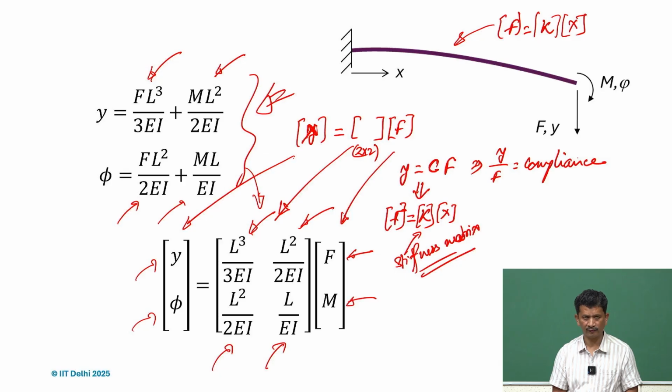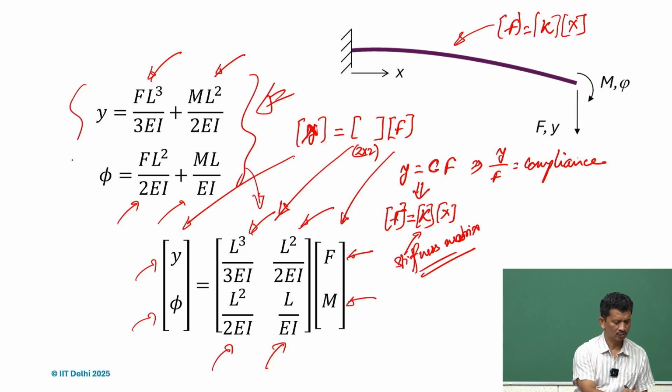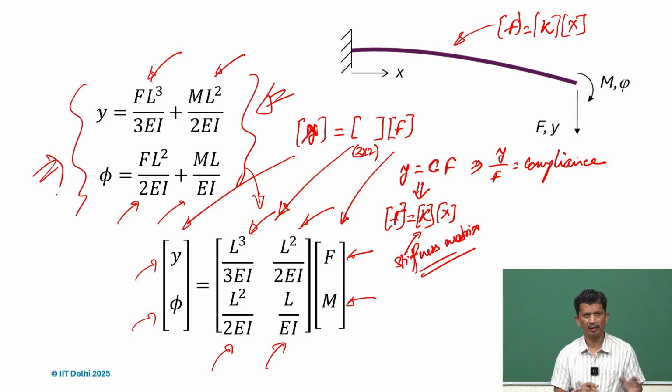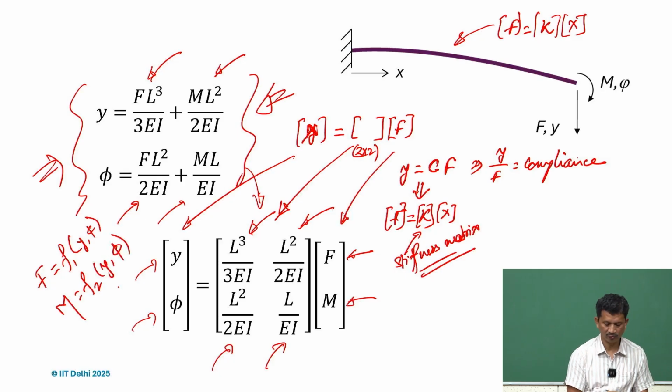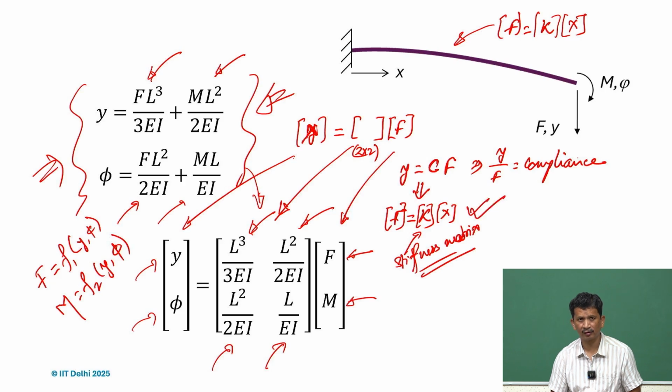Of course, we can take the inverse and find it, but we can also work with these two equations and rearrange, so that F and M are functions of y and phi, and then write it in terms of matrices, F equal to Kx. We'll be using this most of the time.